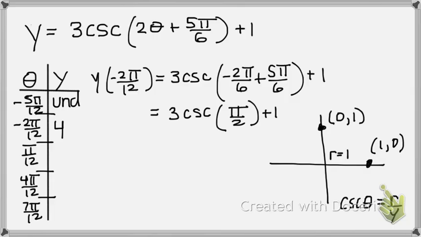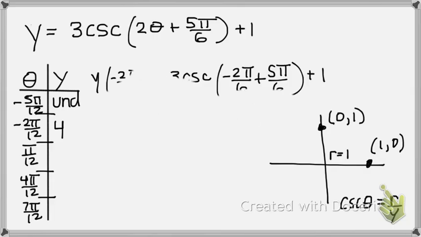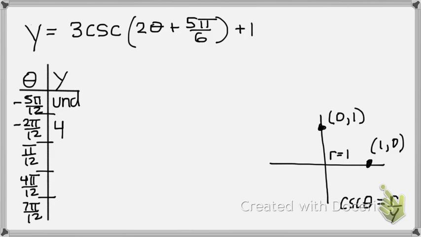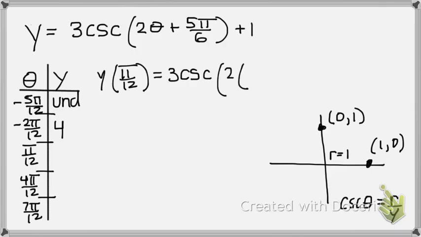All right, let's do our next one, and that's going to be y of pi over 12 equal to 3 cosecant 2 times pi over 12. I guess I could do that, right? That's pi over 6.